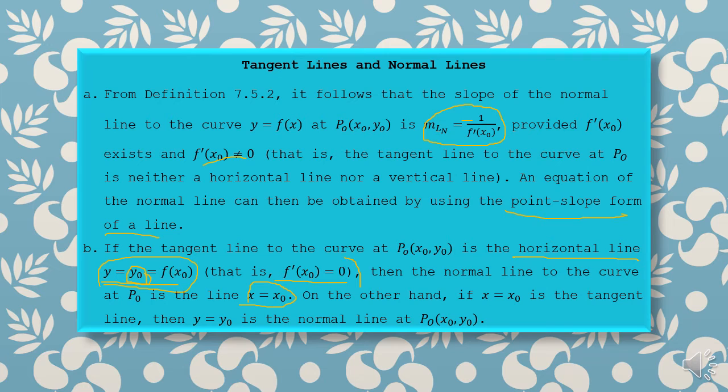Okay, take note, basta 0 yung nakuha niyong slope after substituting the point, automatic din na y equals y sub O ang tangent line niyo, and the normal line is the vertical line x equals x sub O. On the other hand, if x equals x sub O is the tangent line, kung kabaliktaran, then y equals y sub O is the normal line.